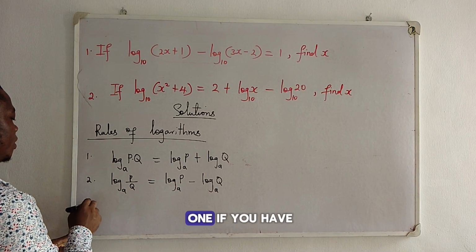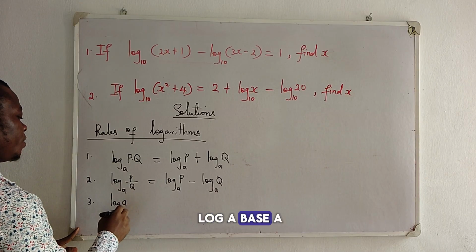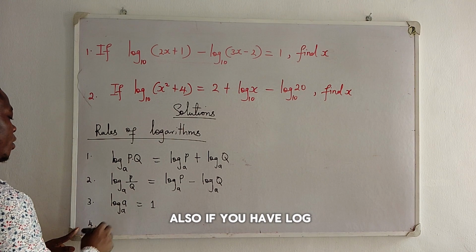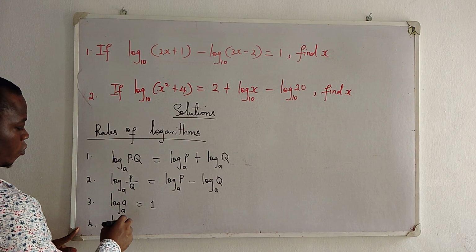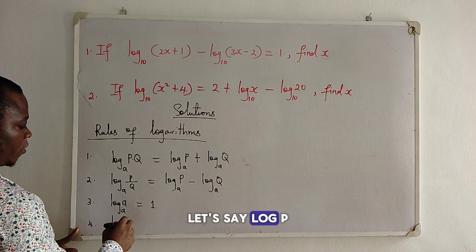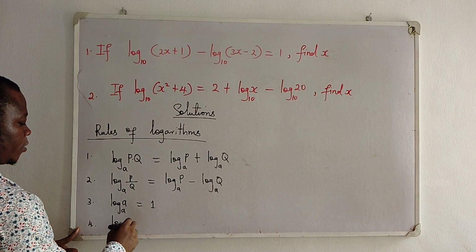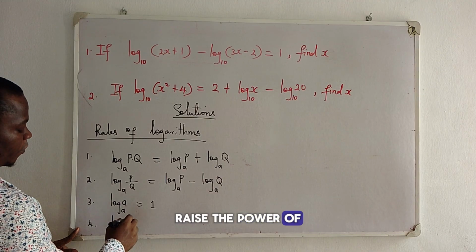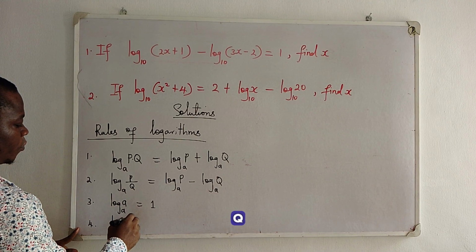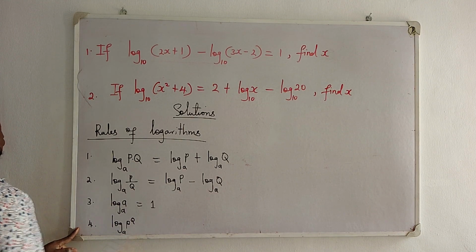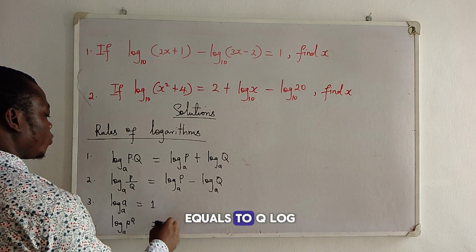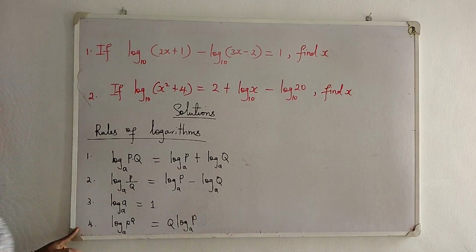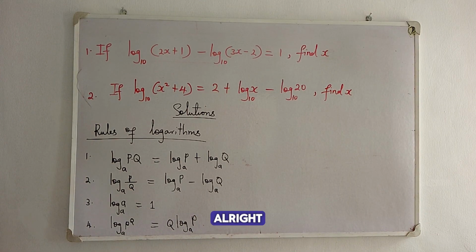So we have another one. If you have log a base a, the answer is 1. Also, if you have log of p raised to the power of q, that will be equal to q log p base a.